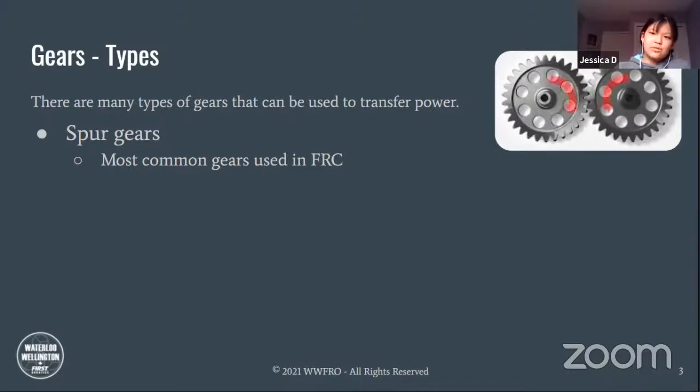You will also want to remember that the rotation is flipped for two interlocking gears. For example, if your input gear, that first one on the left, was going clockwise, then the gear that's meshed to it, like your output gear, is going to move counterclockwise. So it swaps each time they mesh.